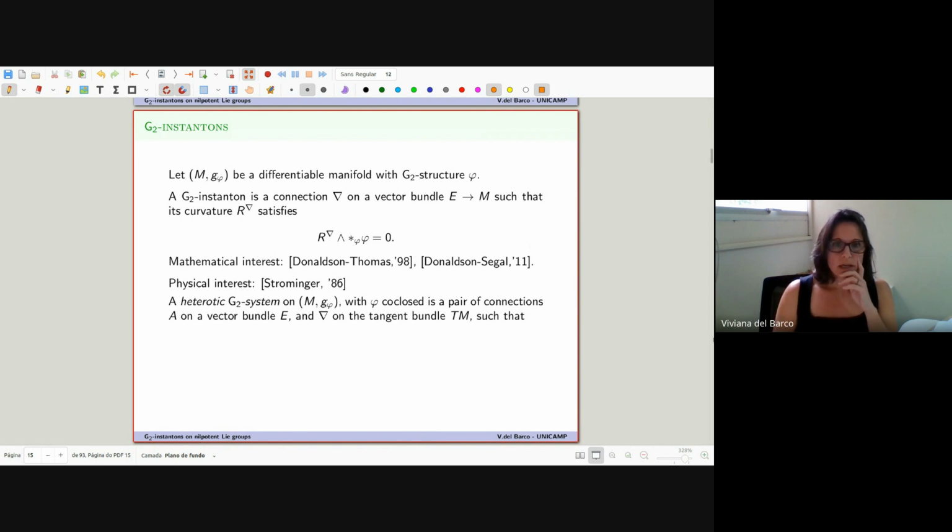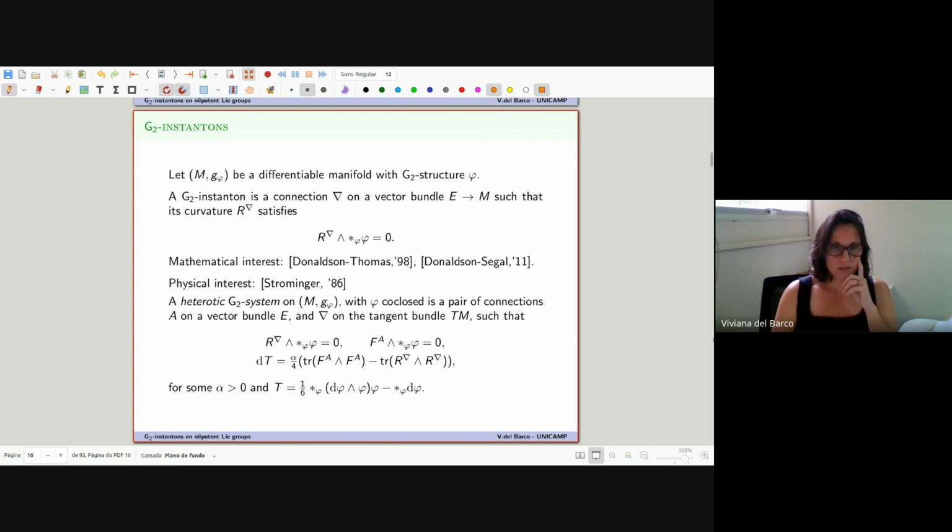Okay, so a heterotic G2 system with phi being coclosed is a pair of connections, A on a vector bundle and nabla on the tangent bundle of the manifold, such that they verify these equations.